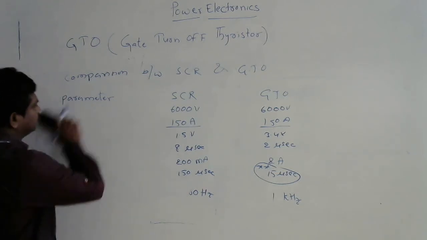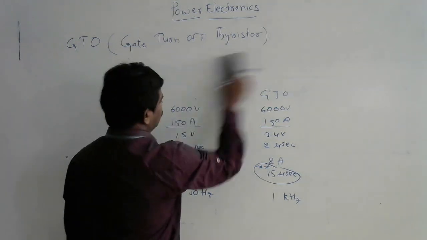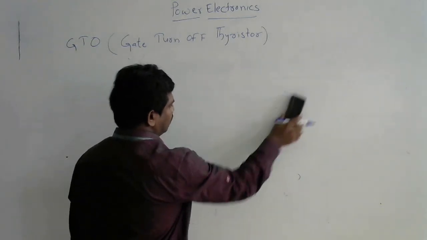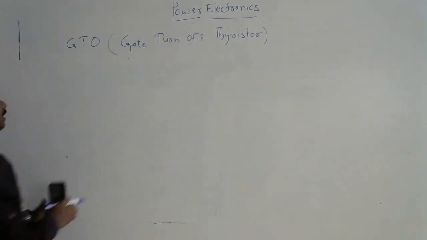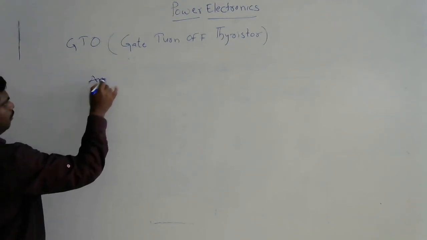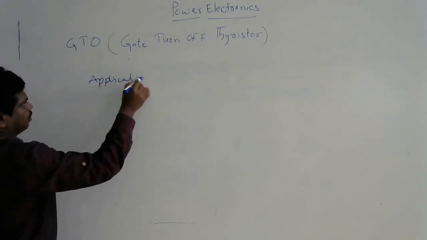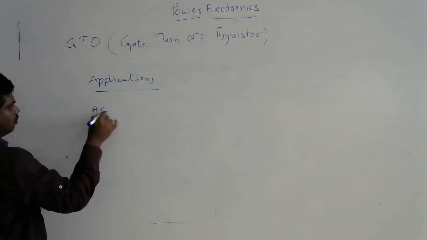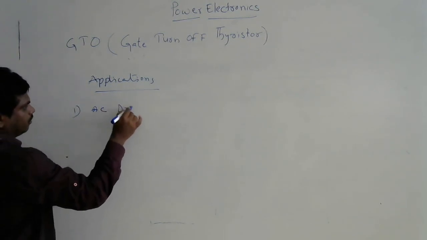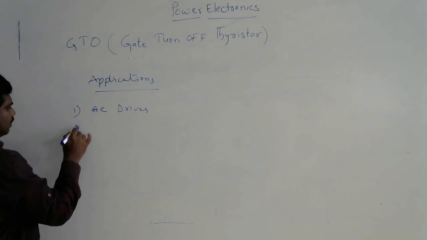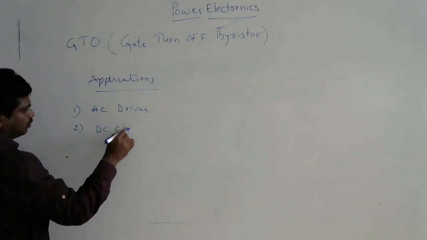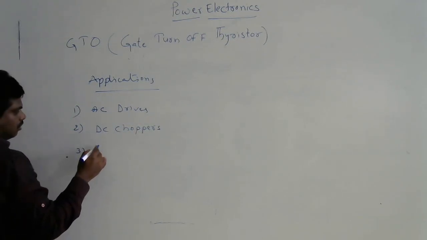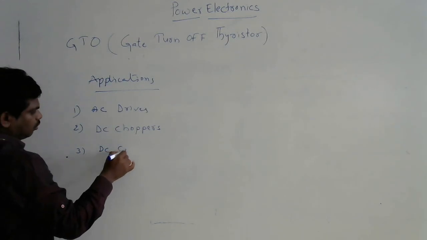Next we will see the applications of GTO, where we are using this GTO, in industrial, domestic and commercial applications. First of all, AC drives, where we use it for switching purposes. Second, DC choppers. Third, DC circuit breakers.